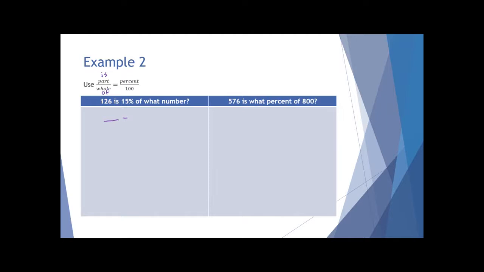So I need to set up my proportion, and I always have 100 in the denominator, and then I'm given a percent, so that goes over the 100. In this case, they're giving us the is, so they have 126 on top, which means we need to find the denominator, the of portion. So when I cross multiply, I have 126 times 100.